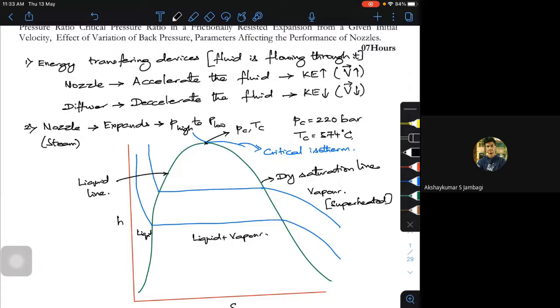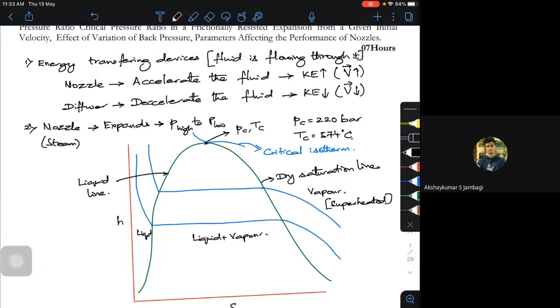Then it comes to a condition where it becomes dry saturated. Then it may become something like a liquid. There may be a little bit of dryness fraction at the exit of it. So why we expect steam to be at superheated condition entering the turbine is that at the exit we want it to be as dry as possible.